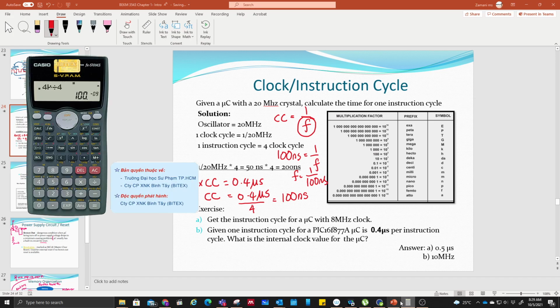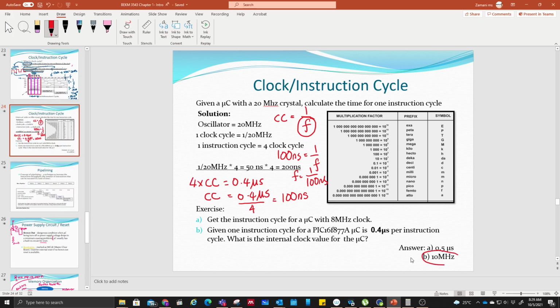You can use the same value here, 1 divided by the answer just now. Then you need to know how many this is already. So let's put engineering here. 10 to the power 6 is mega. So the answer is 10 megahertz.